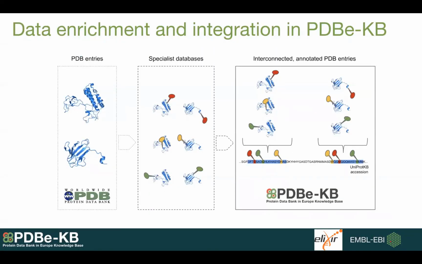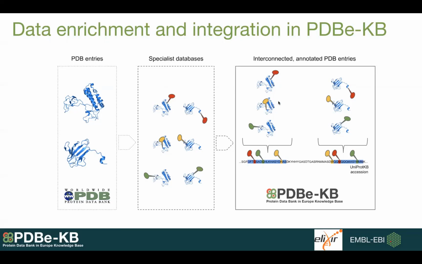Briefly, the way this works is that in the PDB, we have structures, and the specialist data resources take these structures and annotate parts of them with their specialist information. For example, one data resource could tell you which residues are on catalytic sites, or which residues are on interaction interfaces of the protein, or which residues are important in the sense that if you mutate them, then the structure gets destabilized.